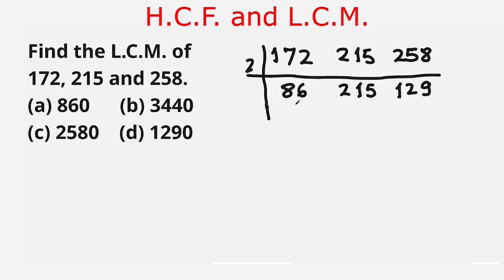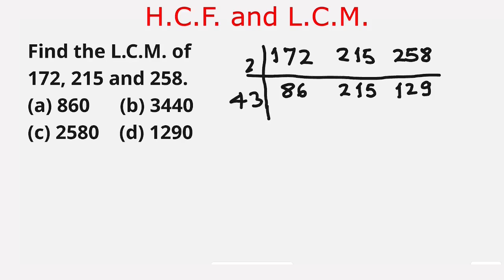And on dividing 86 by 2 we get 43, and 129 by 3 we get 43. It means that 43 is the common factor in at least two of them, but it is not the common factor for all of them.